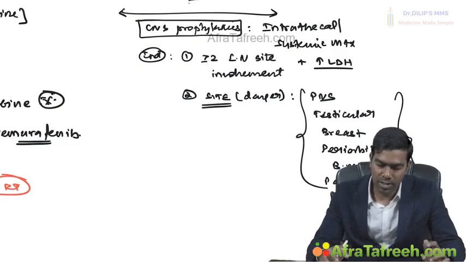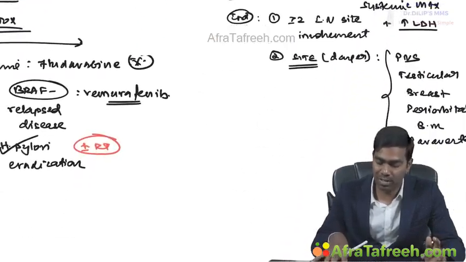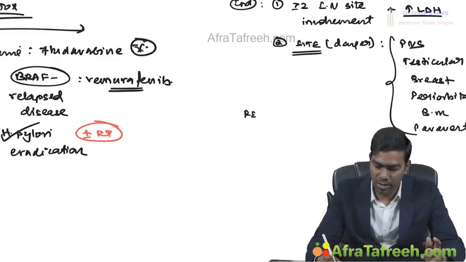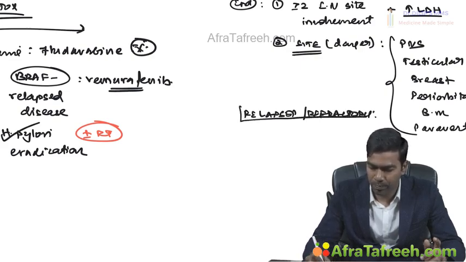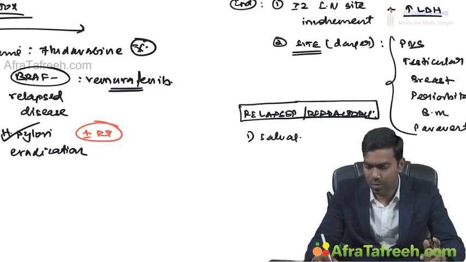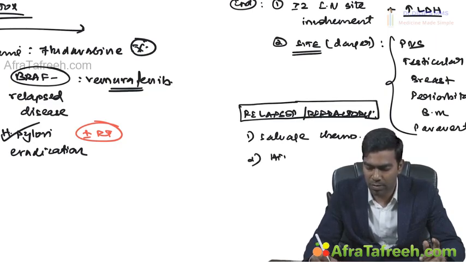Suppose the disease is relapsed or refractory, for example an aggressive NHL. What are you going to do? First option is salvage chemo, as with Hodgkin lymphoma. Second option, you can give very high dose salvage chemotherapy immediately followed by autologous hematopoietic stem cell transplant.